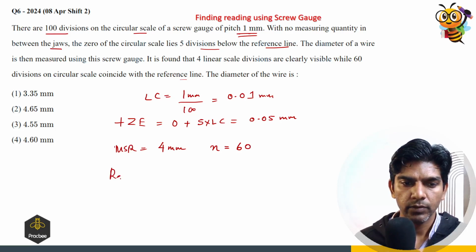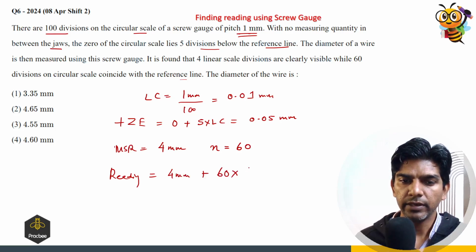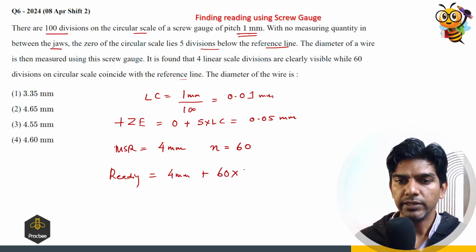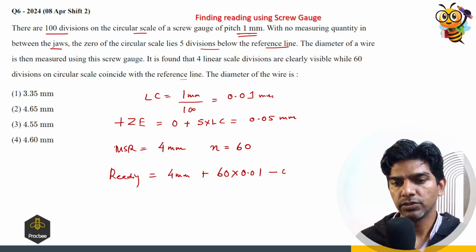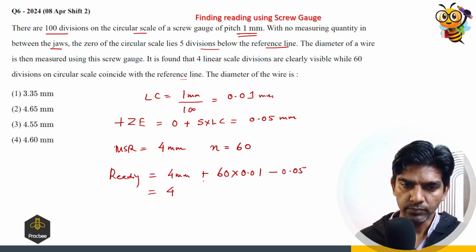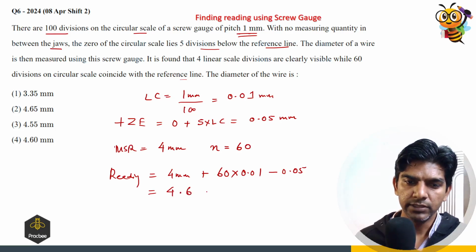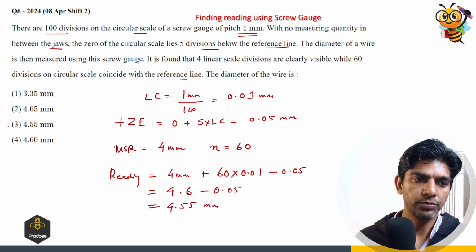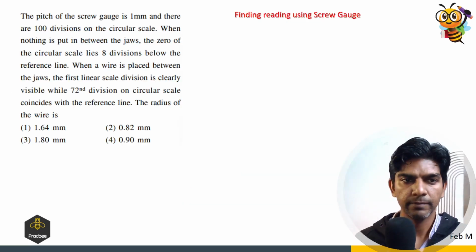So the reading for the diameter will be 4 millimeter plus n times the least count, 0.01, minus zero error, which is 0.05. Everything is in millimeters, so it will be 4.6 minus 0.05, so it will be 4.55 millimeter.